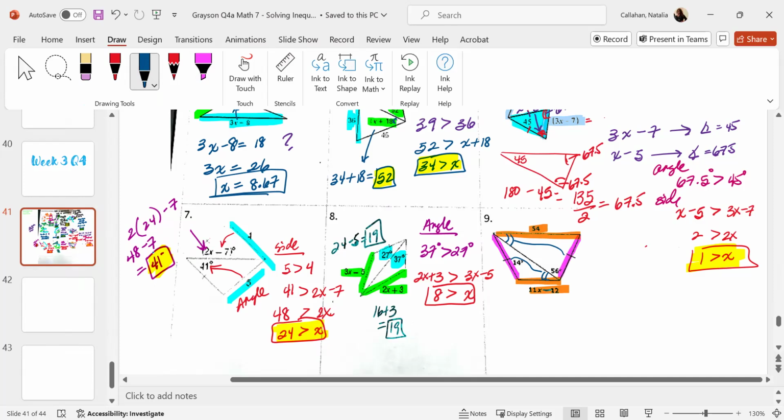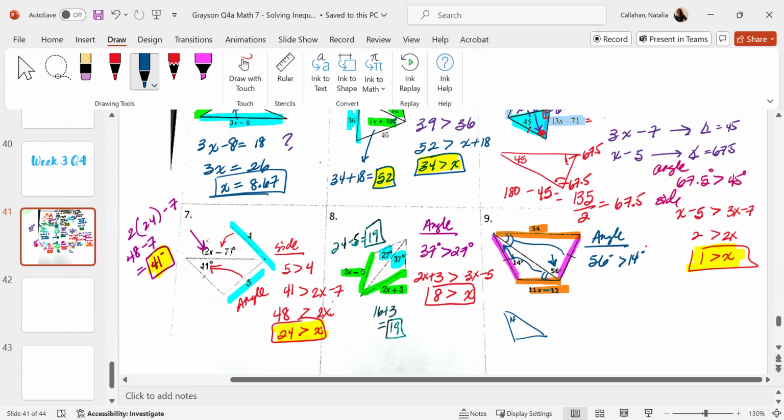I don't know how to figure out any of those angles. So let's take a look at this. It doesn't even matter. This is the angle right here. This is the angle right here, correct? So let's write the inequalities for the angles. 56 degrees is greater than 14, correct?